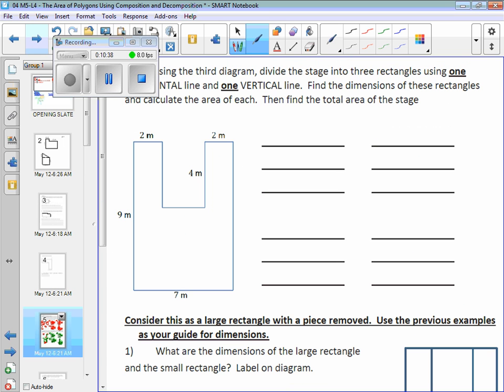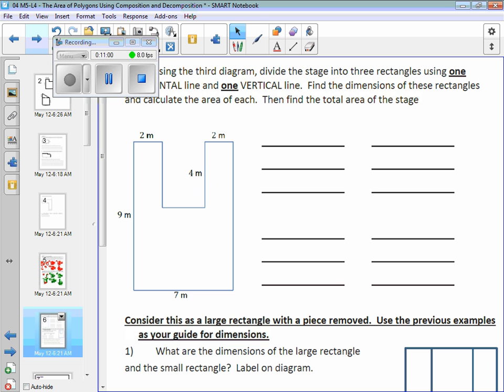Now they want one going one way and one going the other way. One vertical, one horizontal. There's 2 different ways you can do it. Want to do it? Oh, come on up. That'll work.